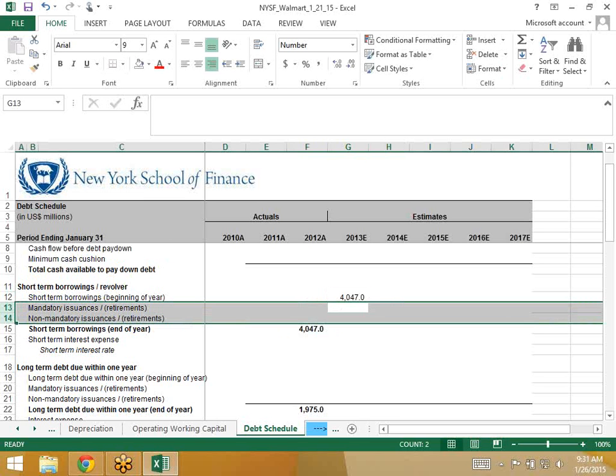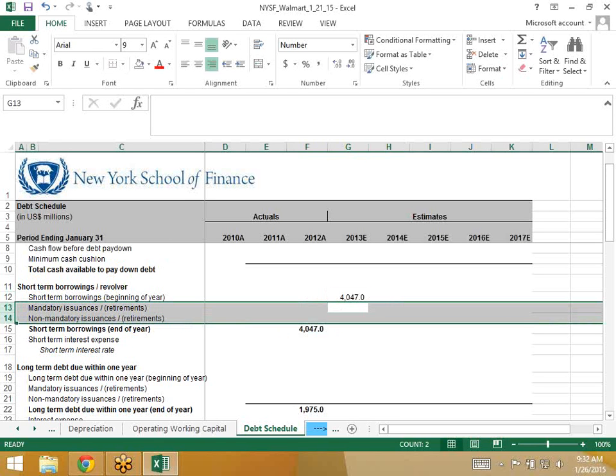The non-mandatory is more of a modeling tweak. This is something we're going to figure out a formula for. The non-mandatory is the idea that if we have excess cash to pay down debt above and beyond what's mandatory, we may choose to pay down some of these debts.